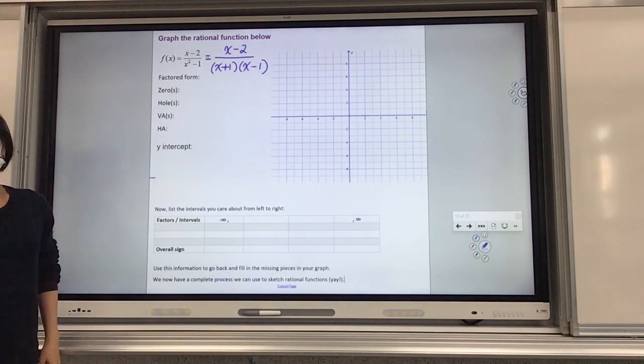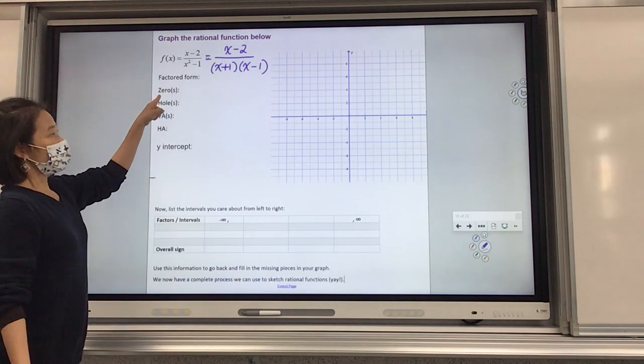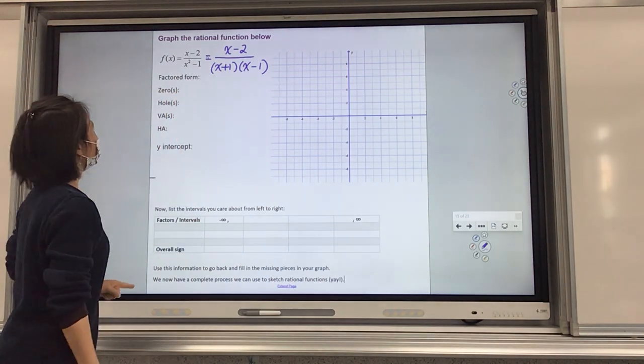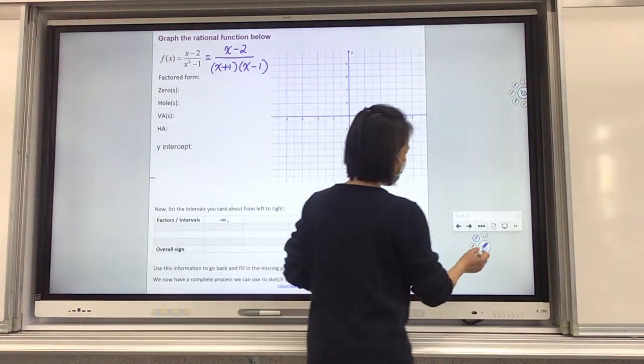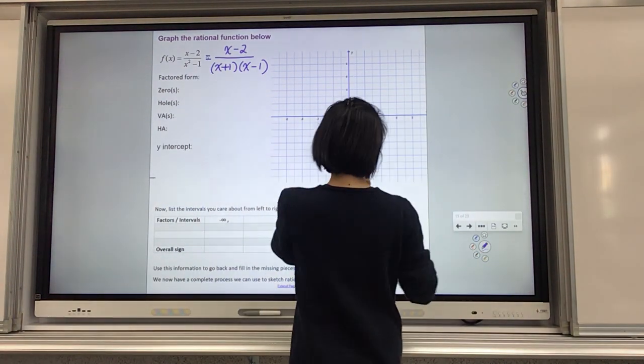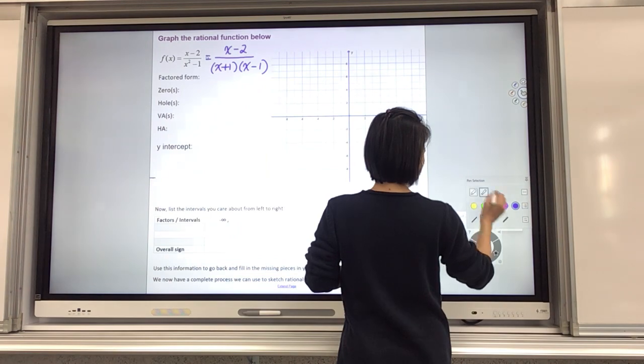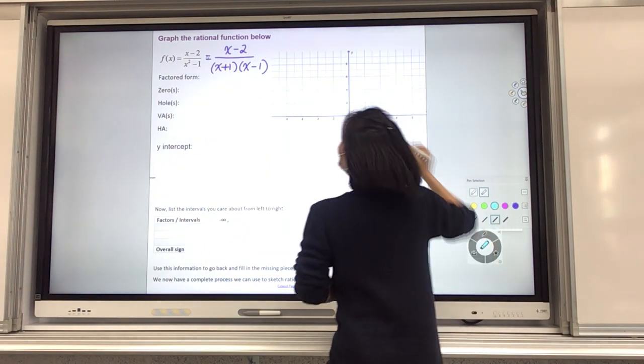Okay, this is the factor form. Is there any hole? No hole. Yes, you're right about that.